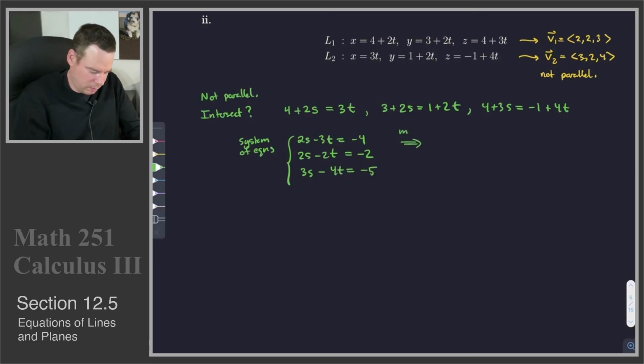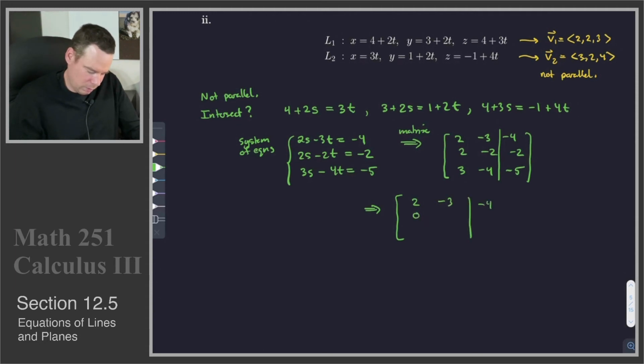Go ahead and write that down as an augmented matrix again. So that's 2, negative 3, negative 4, 2, negative 2, negative 2, 3, negative 4, negative 5. And then the row operation we're going to do is we're going to add negative the first row to the second.